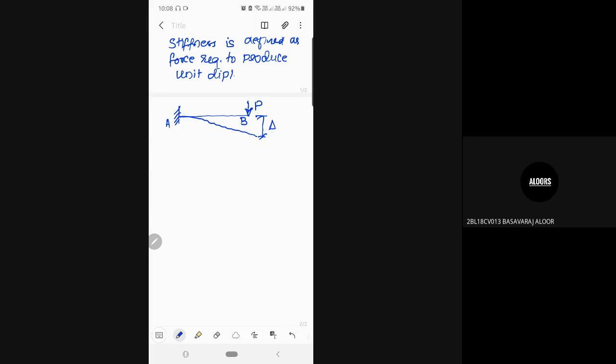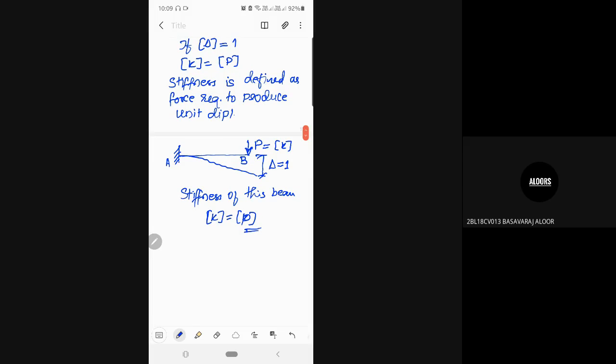Now suppose this displacement is equal to 1 unit, then the force I am applying is nothing but the stiffness of this beam. K is equal to P. How much force you are applying, that will be the stiffness of this beam. So stiffness is defined as the force required to produce unit displacement.